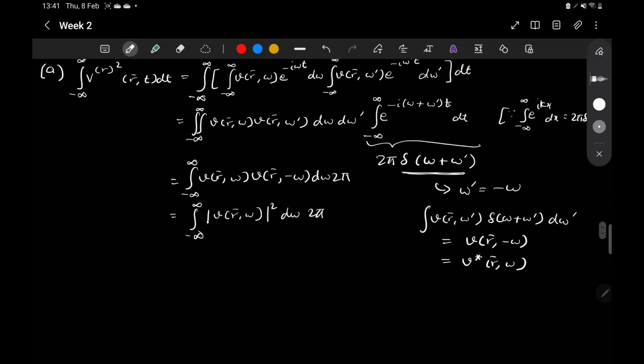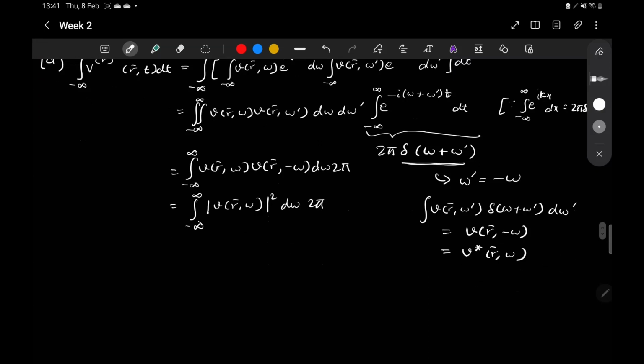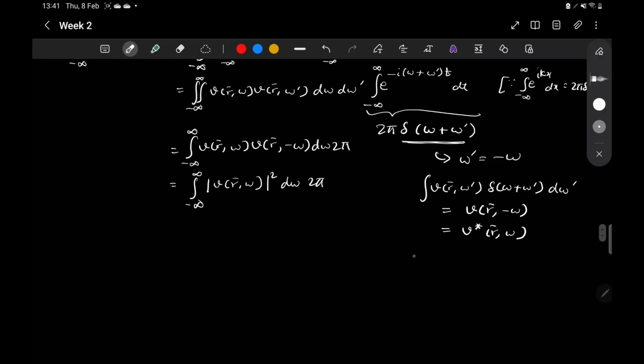How we get this is because, let us see. So what we have is this expression, which is the definition for the Fourier.